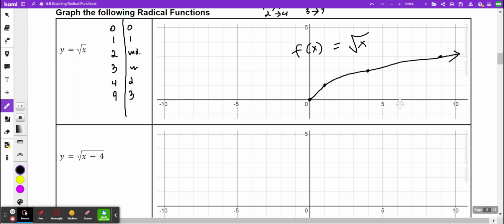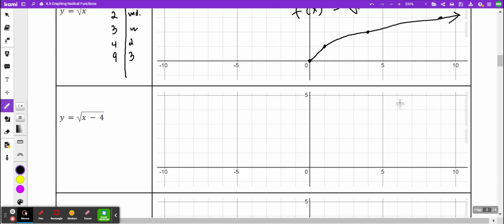But we're going to graph the following. It might be helpful to understand that we could plug in information. I'm going to plug in the following points. I know the square root of 0 is 0, the square root of 1 is 1, if I plug in 4, I should get 2, and if I plug in 9, I should get 3.